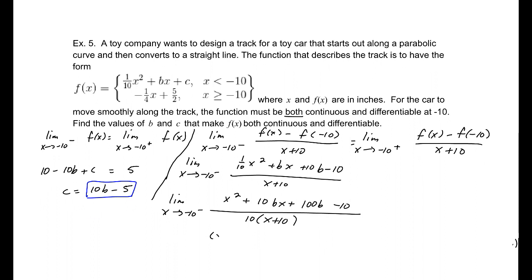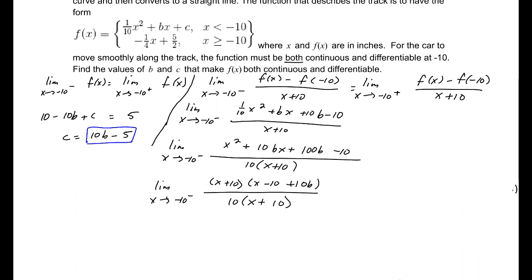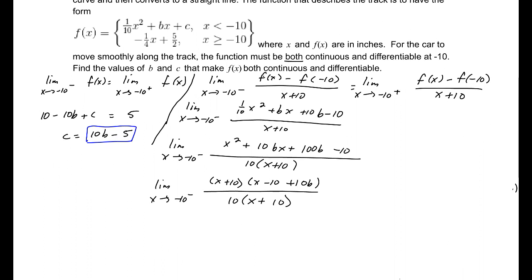Now this actually factors by grouping, into x plus 10 and x minus 10 plus 10b over 10 times x plus 10, keeping our limit. Now the x plus 10s cancel. If we then evaluate that at -10, we get b minus 2. So first, these two cancel, we evaluate it at -10 and then divide by 10, b minus 2.